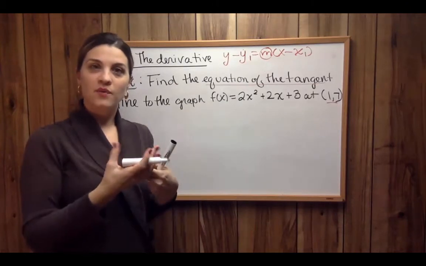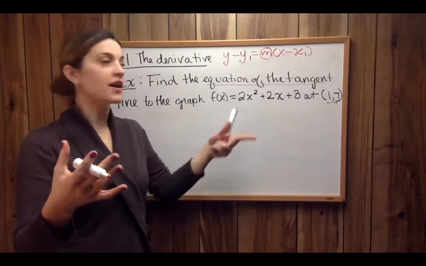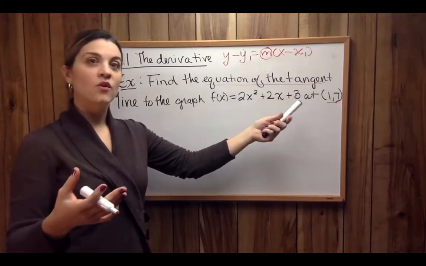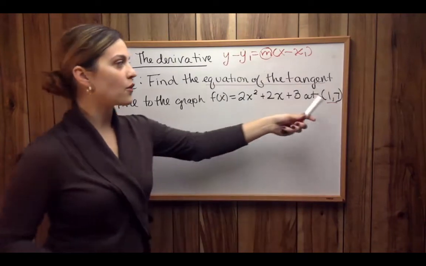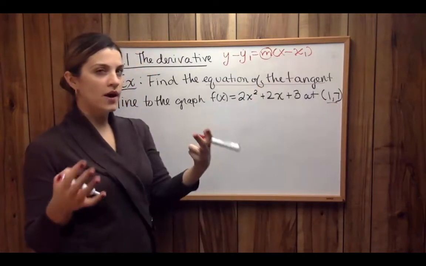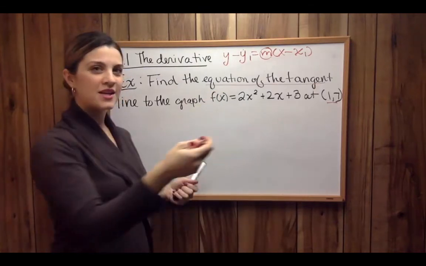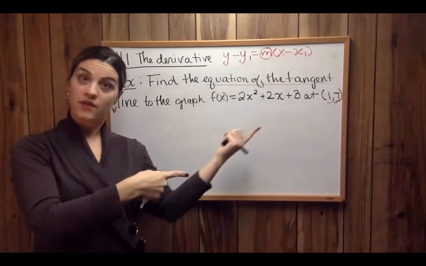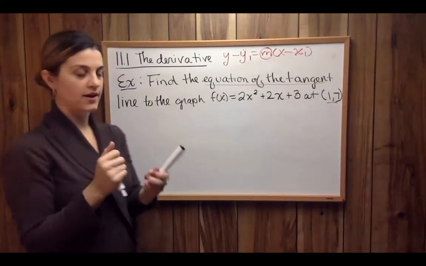So your first step, find the slope. Once you find the slope of the tangent line at the point, you then can substitute the slope in along with the 1 and 7. Because also, why can you use 1 and 7? They want you to find this tangent line at that point. Remember, a tangent line goes through one point? Well, that's the point they're telling you. So you have all the pieces to answer it. So let's go ahead and answer it.